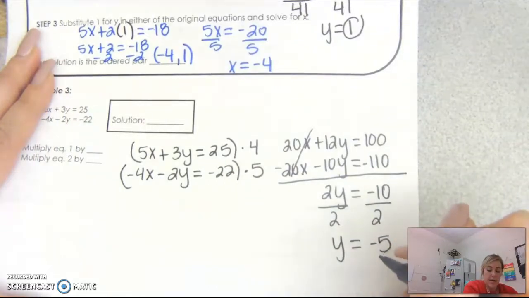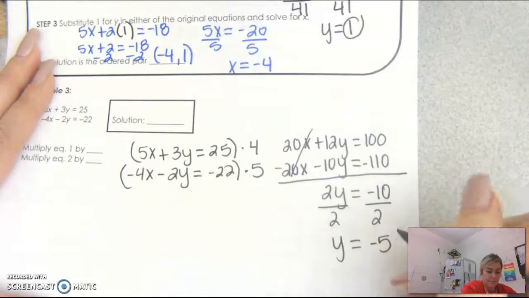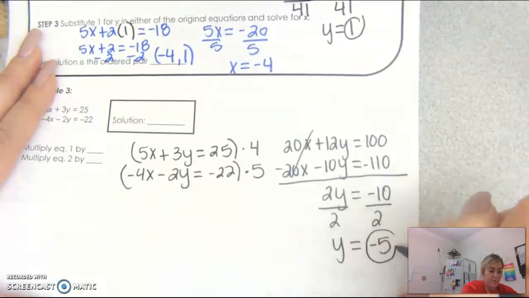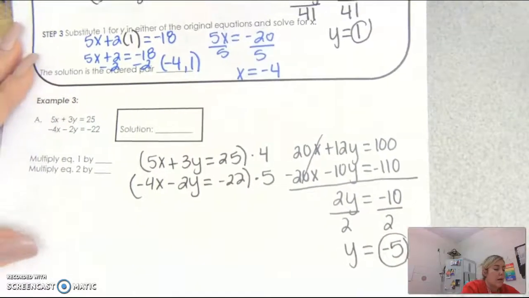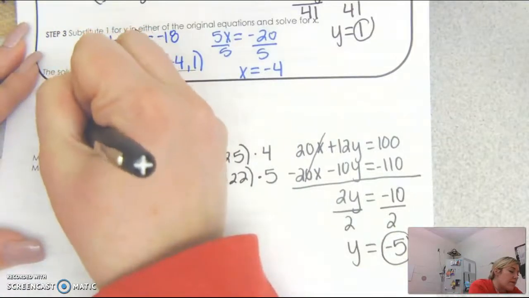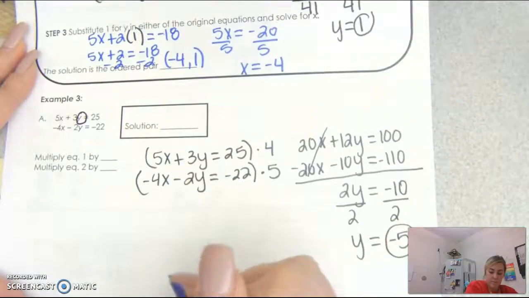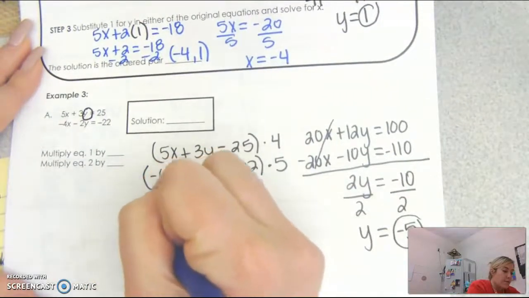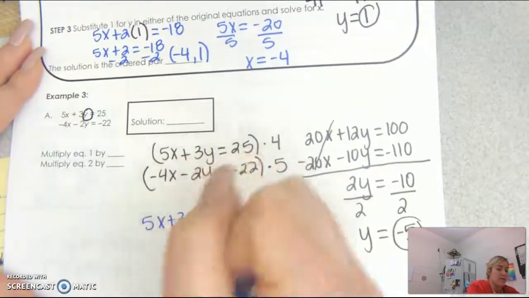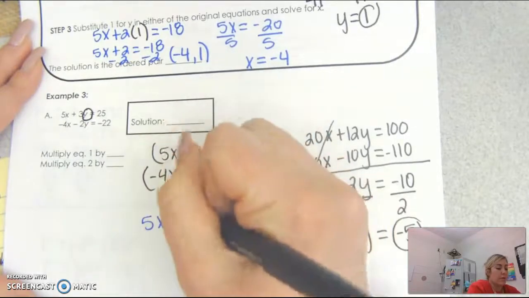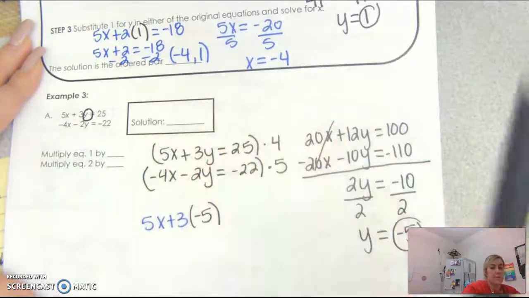So I'm taking my y and I am substituting it for y in my original top equation. So I have 5x plus 3 instead of y. I'm replacing it with negative 5. That's what y equals.